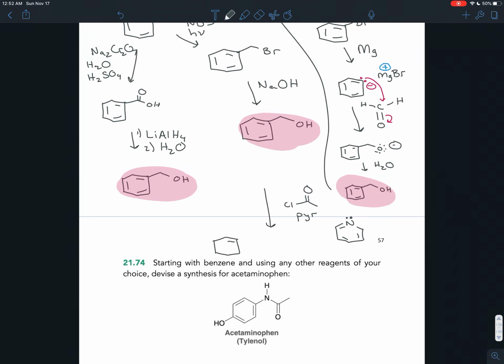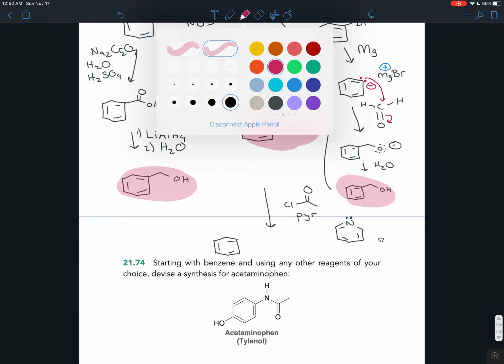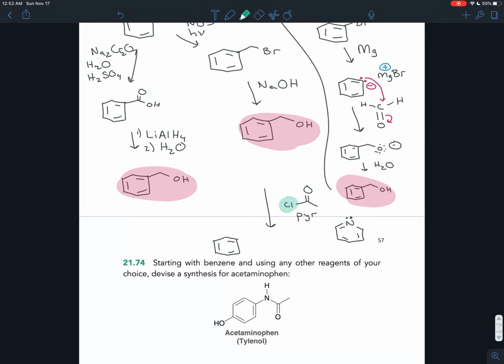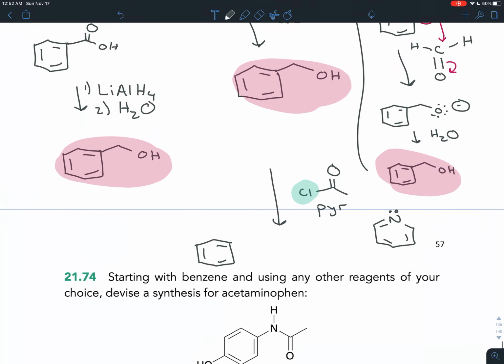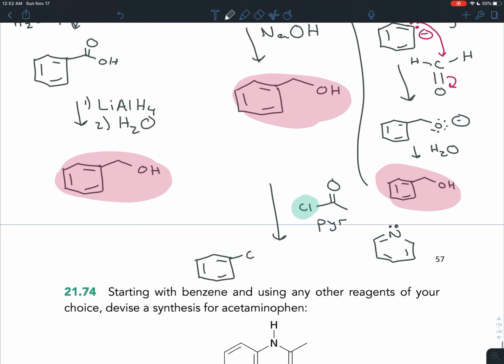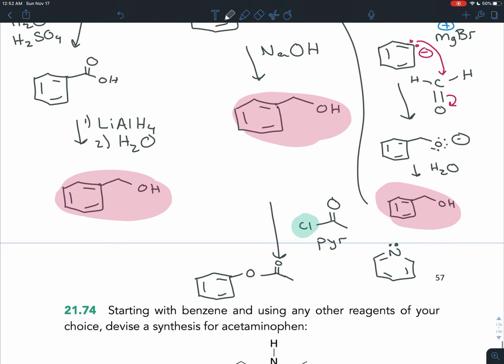What you'd get is your nucleophile replacing the chlorine leaving group. So you'd have the oxygen, and then double bond to oxygen and the carbon. So notice how your nucleophile replaced the chlorine.